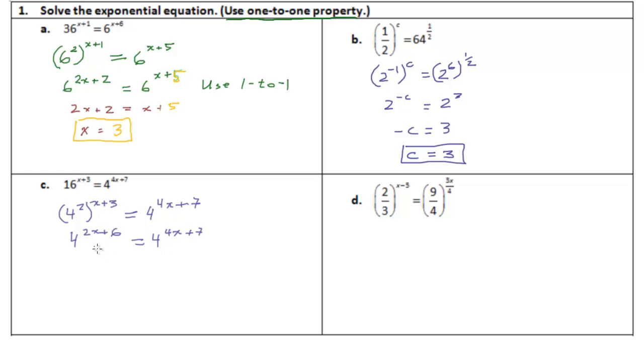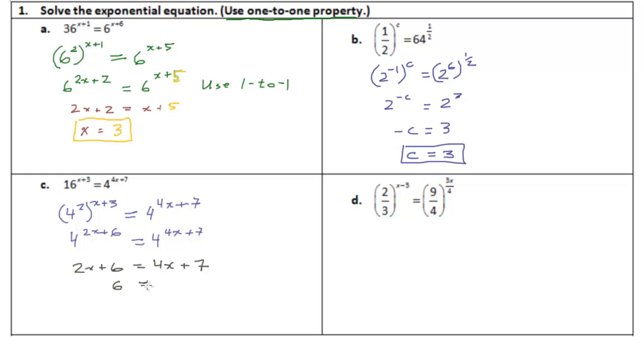All right, and so now we have the common base. We can equate exponents, so it's 2x plus 6 equals 4x plus 7. And here I'll subtract 2x from both sides.